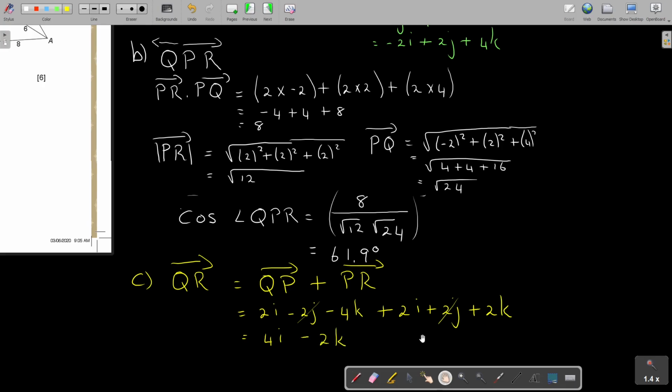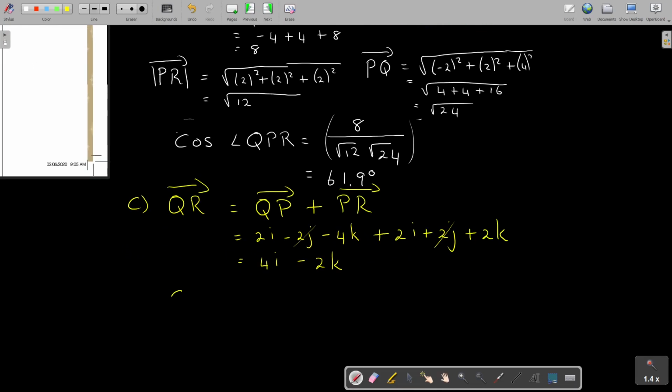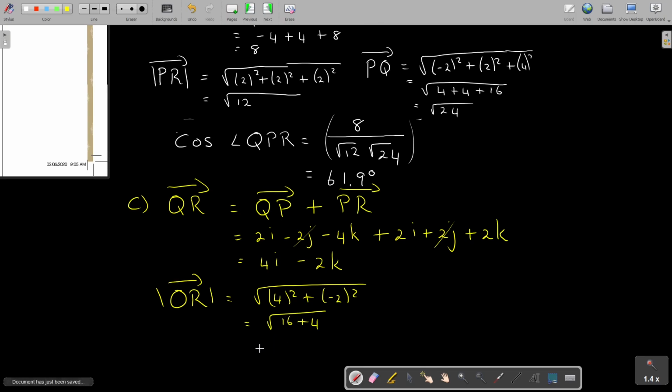And now I'm going to find the magnitude of QR. Again Pythagoras' theorem. So it's 4 squared plus negative 2 squared, that's going to be 16 plus 4, which is the square root of 20.